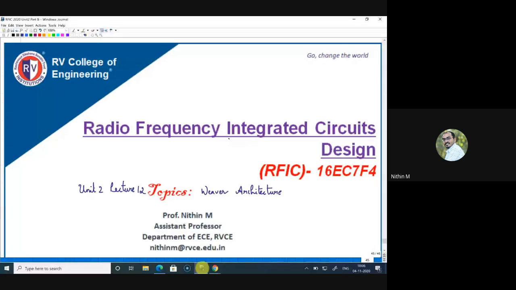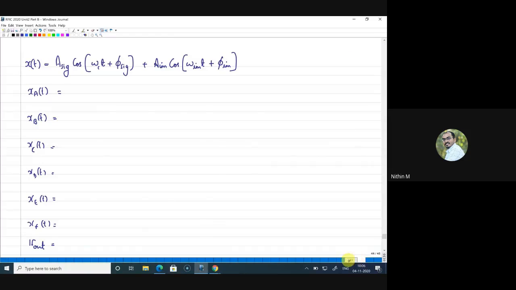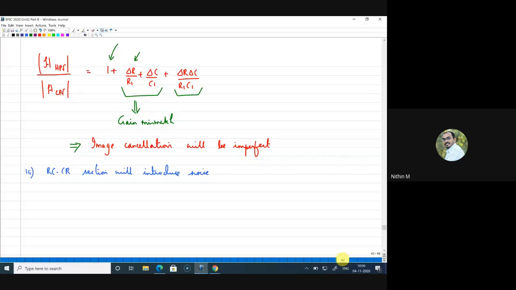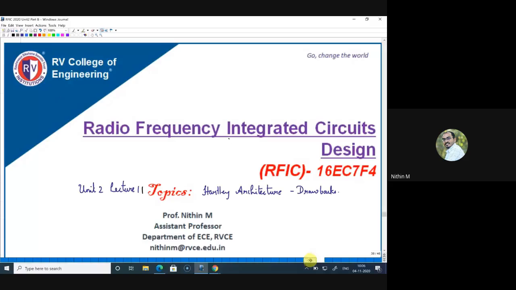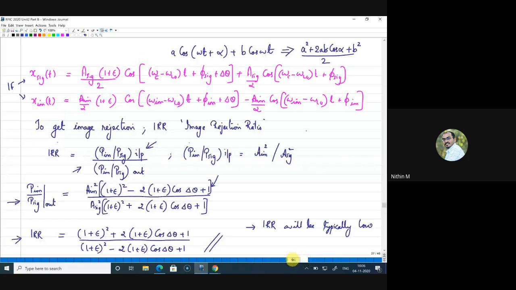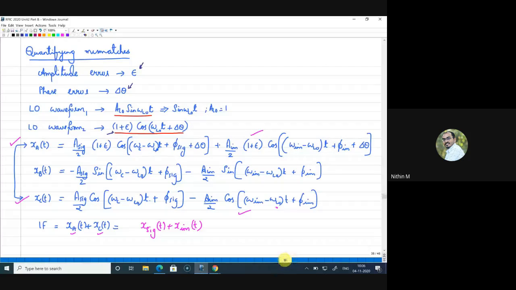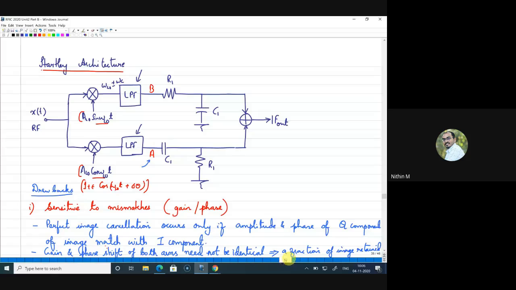So we are discussing transceiver architectures, and in the previous class we discussed the Hartley architecture, the Hartley receiver, where we discussed some of the drawbacks. One of the main drawbacks of the Hartley architecture is that it uses a 90-degree phase shift operation in order to cancel the images, and that is implemented using an RCCR network.